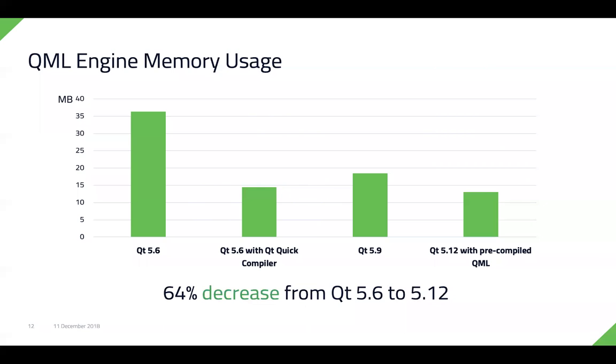Please remember, in Qt 5.6, in the open source version, you didn't have a Qt Quick compiler. In 5.12, the pre-compiled QML support comes with every version, both the open source and the commercial version. So that's a very significant decrease. But even if you had the Qt Quick compiler in 5.6, we have still lowered the memory that we're using quite a bit.